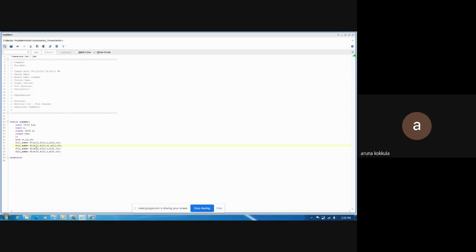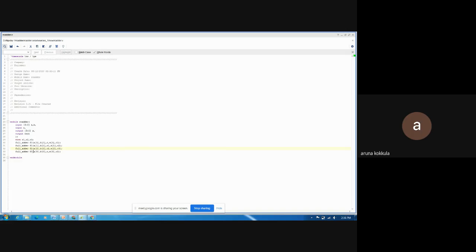Third is with the inputs A of 2, B of 2, and the output of the second full adder, that is C2, is acting as input for the third one, and the expected sum is S of 2. The intermediate carry is C3.